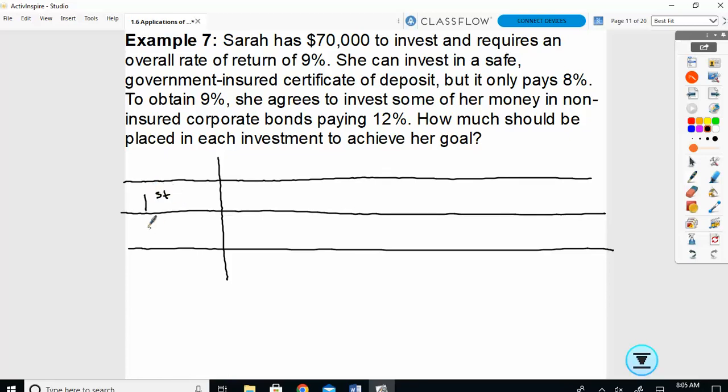And I'm just going to call it first, second, and total. You could be more specific if you wanted. The difference from yesterday, we're not talking about mixing liquids, we're talking about interest. So my formula across the top is P times R times T equals I.